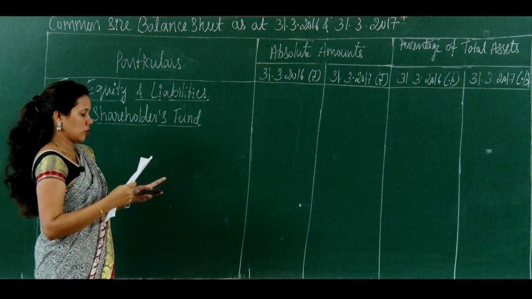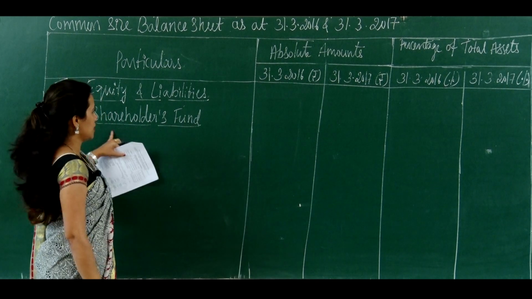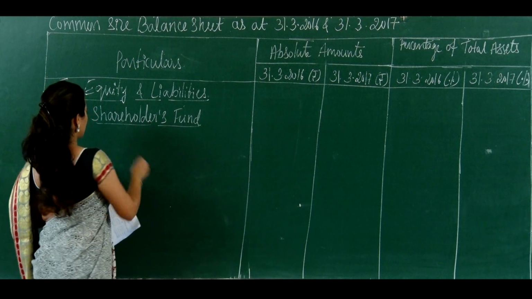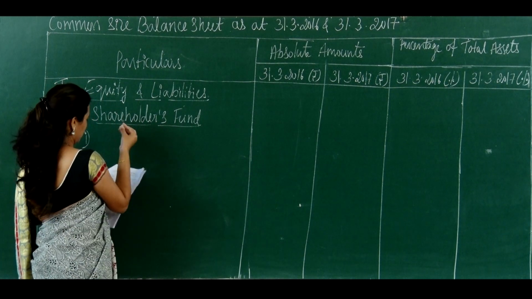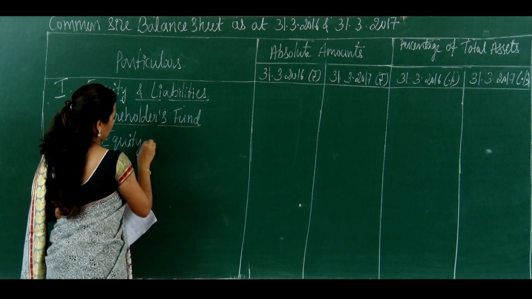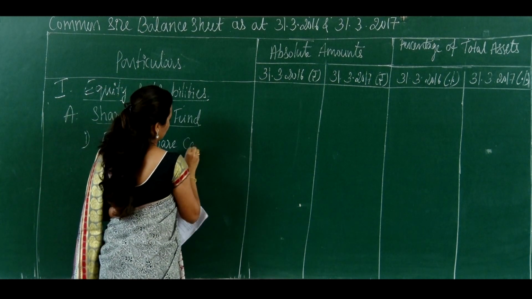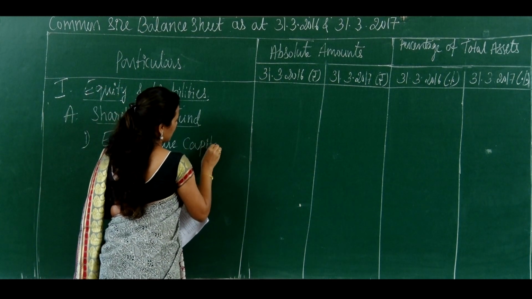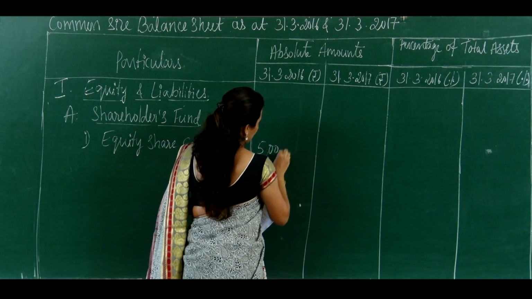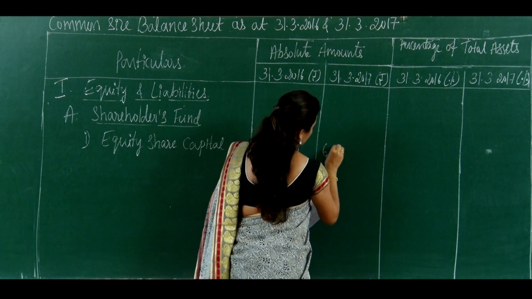Your equity share capital and reserves and surplus are recorded under shareholders fund because they are part of shareholders fund. Equity share capital: 2016 5 lakhs and 2017 6 lakhs.